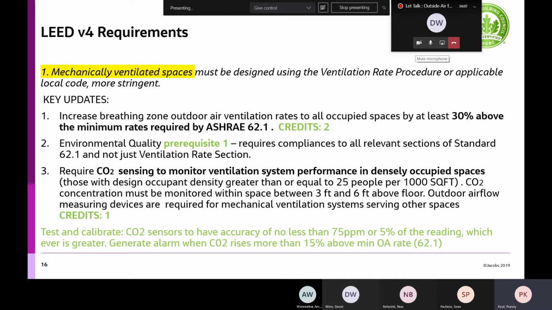Similarly, one of the key updates for getting a credit is that the breathing zone outdoor air ventilation rates for all occupied spaces must be at least 30% above the minimum rates required by ASHRAE.